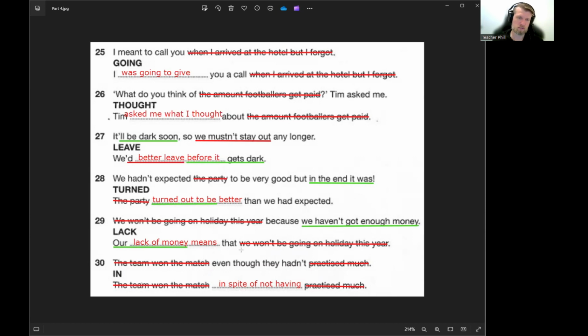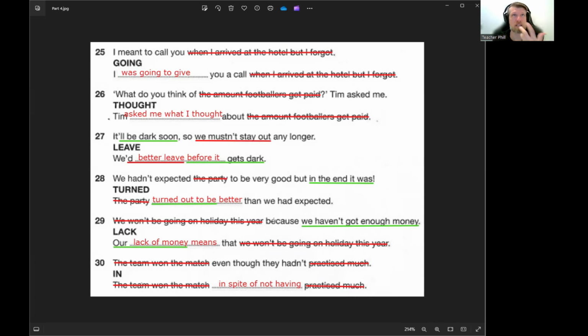And then because it says here, because, that means the lack of money, or that we don't have money, is the reason for why we won't be going on holiday. But because these two parts are reversed in the first and the second sentence, that means the reason comes first now in the second sentence, which means we cannot use because.